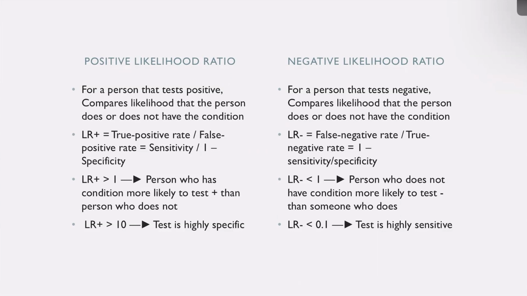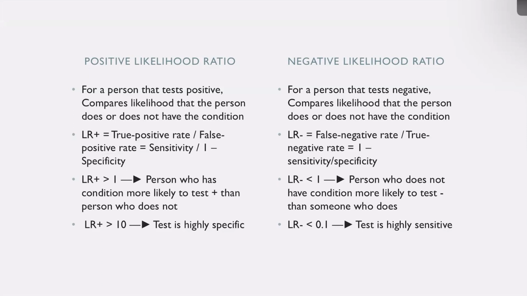So just remember, positive likelihood ratio only deals with positive results. Okay. So patient with disorder having the positive result divided by patient without disorder having the positive result. So it's basically true positive rate divided by false positive rate.